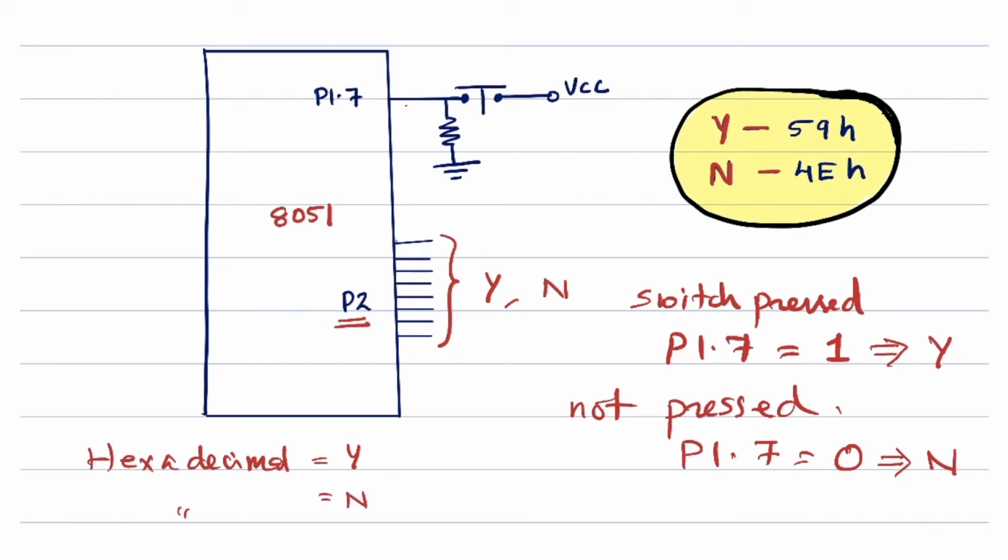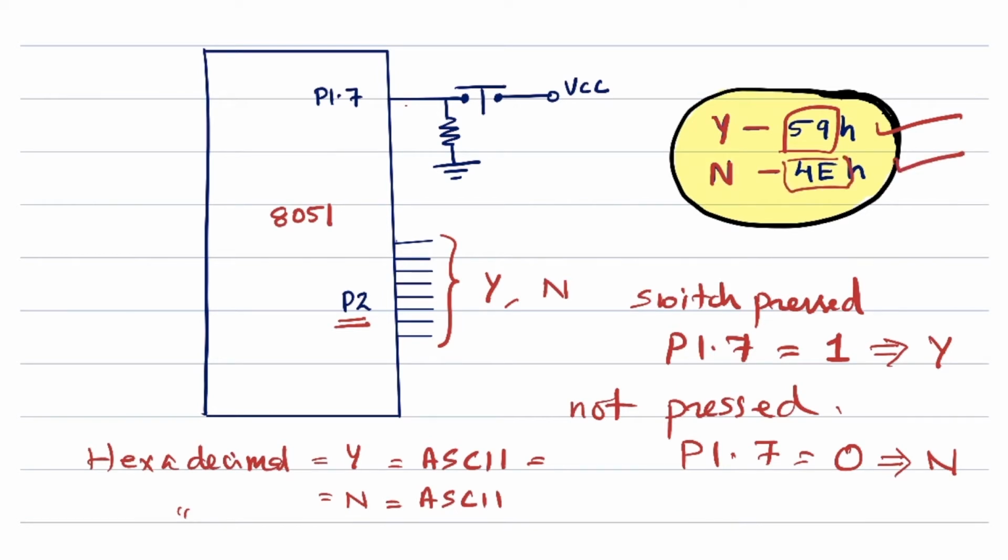So naturally we will be using the ASCII equivalent of yes and of no for sending to port 2. The ASCII equivalent of y is hexadecimal 59, which is shown here, and the ASCII equivalent of n is hexadecimal 4e.